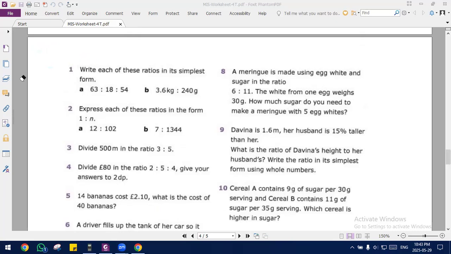Does it have to be in one step? No, we can do it in many steps. Let me divide by 3. 18 divided by 3, 6. Then 63 divided by 3, 21. Don't forget the points. Now 54 divided by 3 is 18.